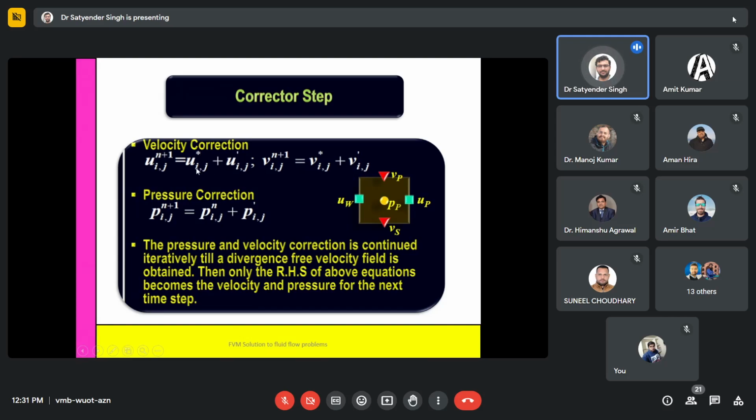In the predictor step, we consider all the values of the unknown variables at n level. N level means their initial values. And in the correction step, we assume pressure for the computational domain. So now both are available, so we can get a new value for the velocity. Similarly for the v velocity, and this is what we are doing in the pressure correction. The new p at n plus 1 has to be calculated.